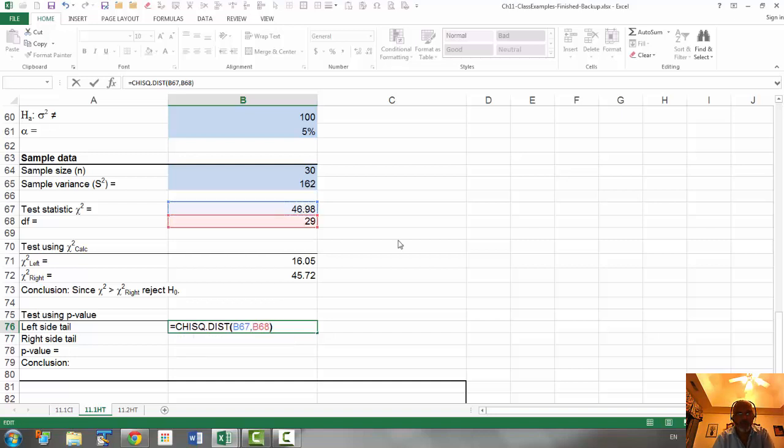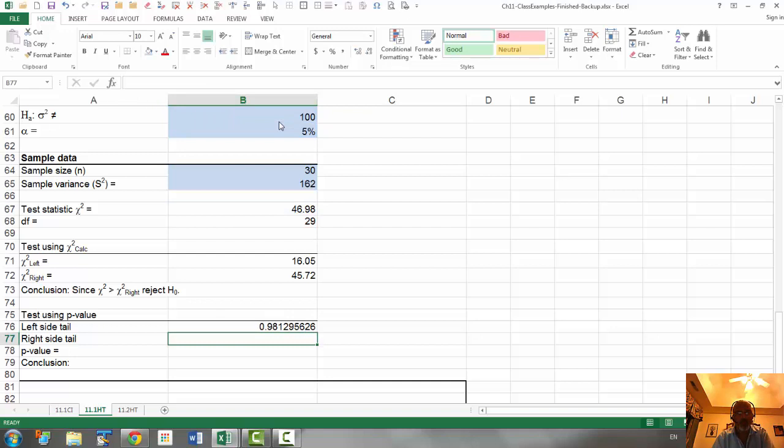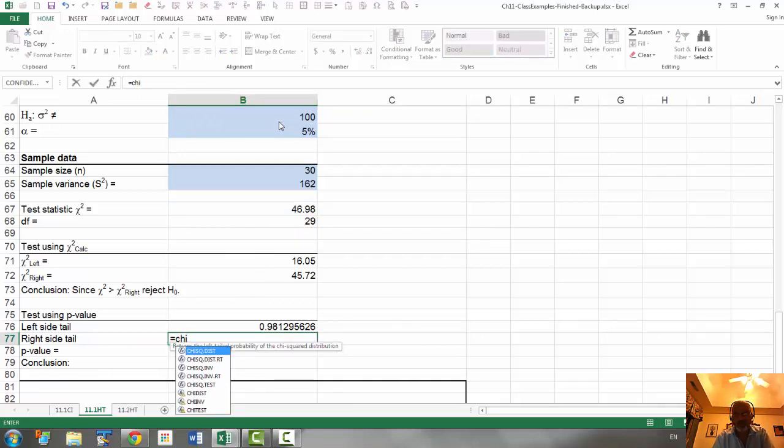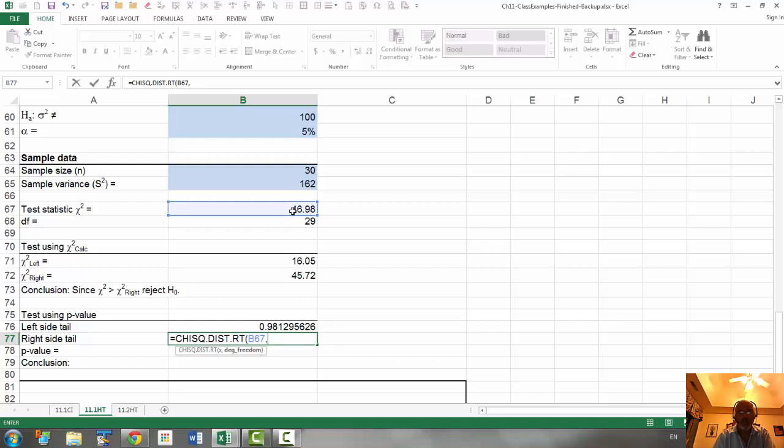After the degrees of freedom, we need to specify whether it is a probability or not, so we need to have comma 1. And then the right side value, chi-squared dot dist dot rt, test statistic, comma degrees of freedom. Now rt is always probability, so we don't need comma 1.